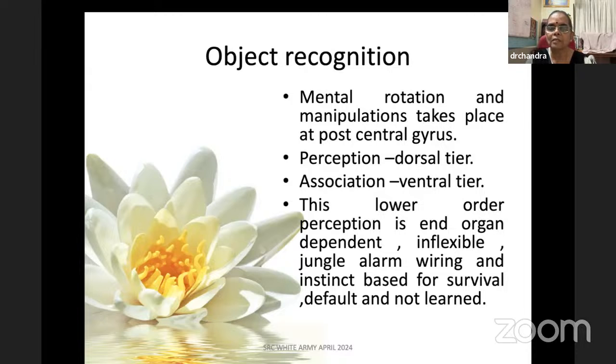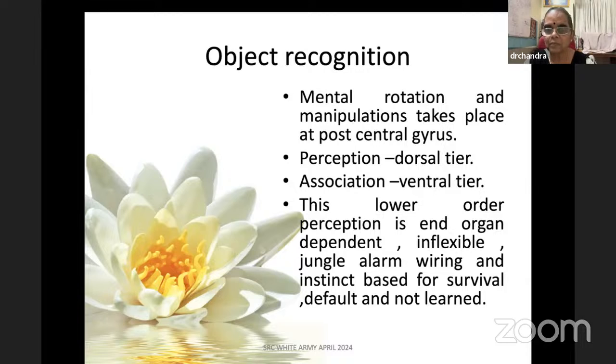And perception takes place through the dorsal tier, that is frontal, parietal to occipital, and association or what through the ventral tier, that is frontal, temporal to occipital. So this lower order perception is end organ dependent. The end organ dependent contour, color, gesture, movement, all these and categorization is dependent on the end organ based information.